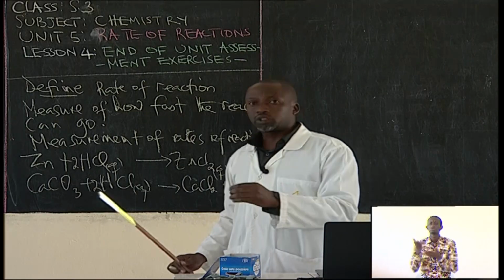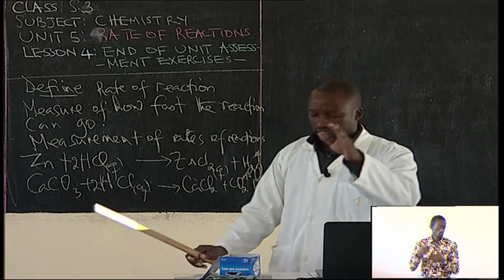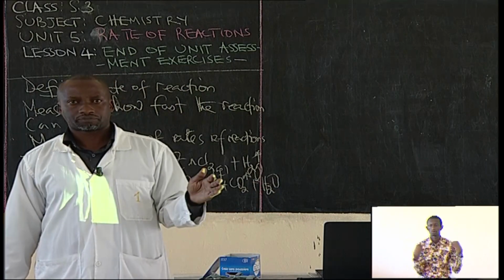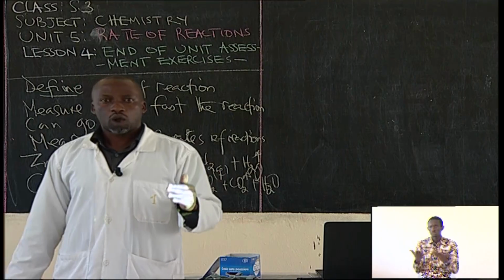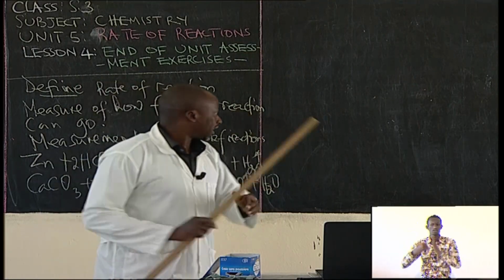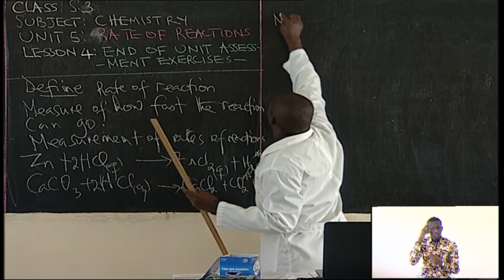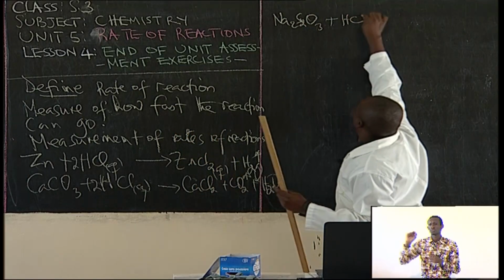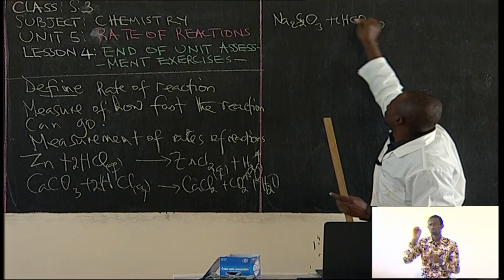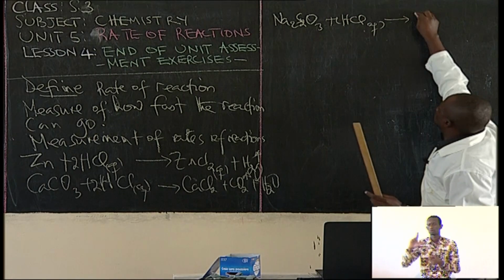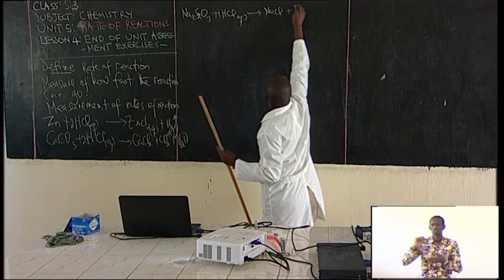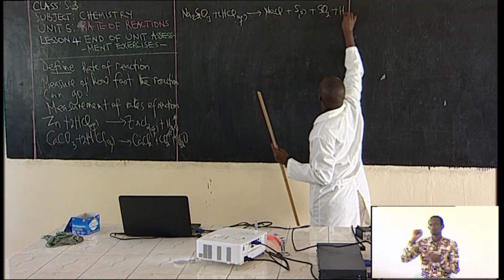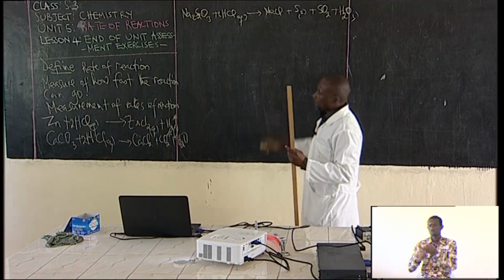Then we looked at the experiment we did about the effect of concentration. If you remember that reaction, sodium thiosulfate reacting with hydrochloric acid gives sodium chloride plus sulfur dioxide plus water.